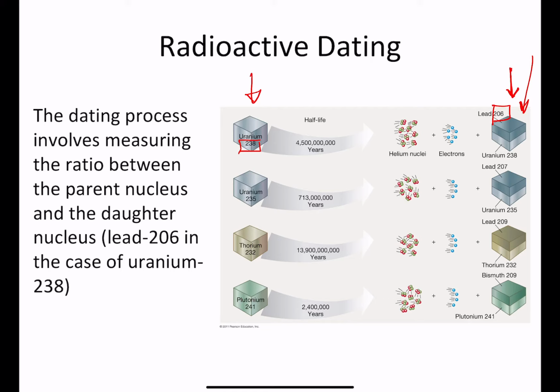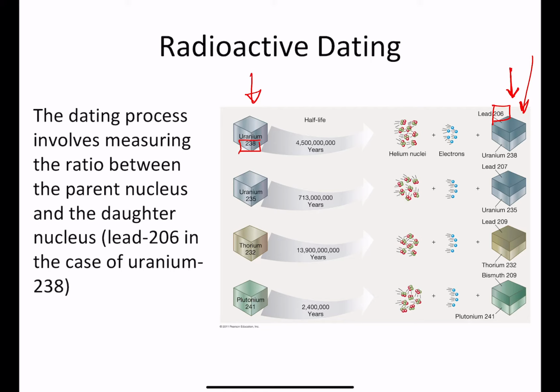Then by measuring how much of that block is lead now, and knowing that once upon a time it used to be all uranium, but as a result of radioactive decay half of it has turned into lead, and if you also know the rate at which uranium decays, you can figure out how old this rock is. So radioactivity provides you a way of figuring out the ages of different things.